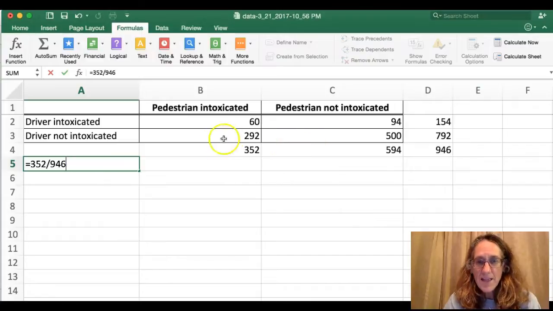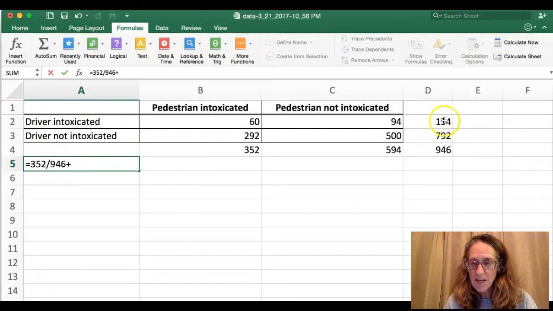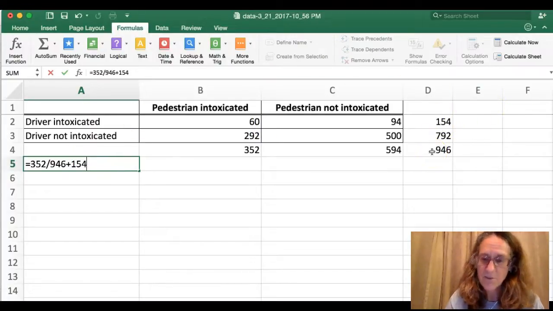And then I want to add that to the number of cases where the driver was intoxicated. So that's 154, or the probability, I should say, of the driver being intoxicated, which would be the 154 out of the 946.